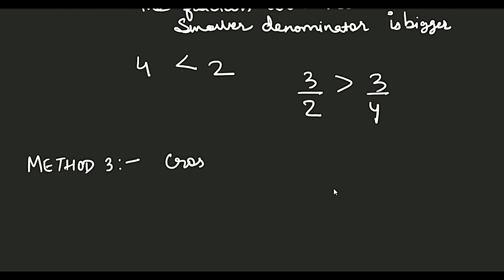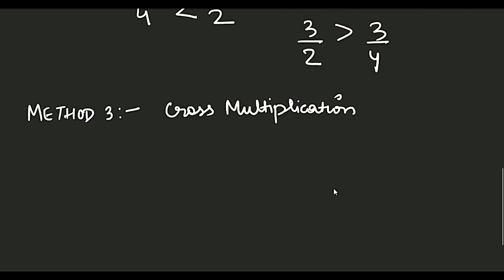Which is cross multiplication. Now why do we use cross multiplication? Because what if you've got fractions where none of the methods can be applied, like method number 1 and method number 2?